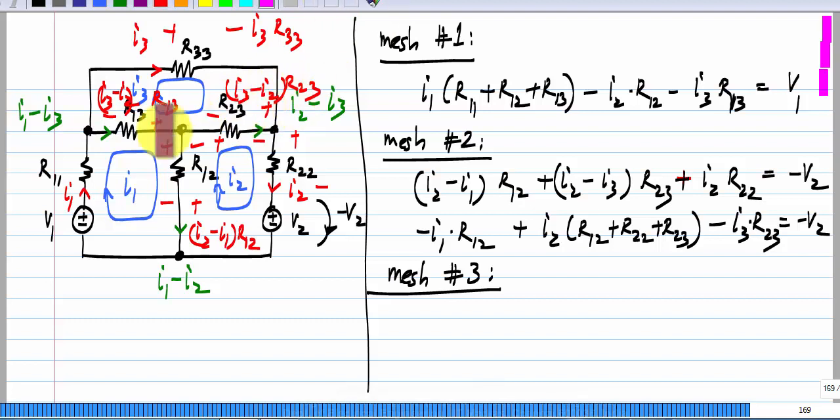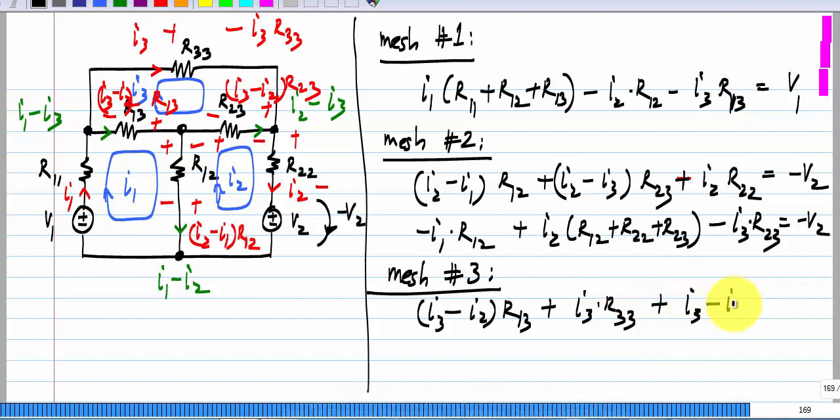So if I am writing the equation for mesh number 3, the current I3 will have positive coefficients. Okay, that's something to keep in mind. So I have I3 minus I2 times R13 plus I3 R33 plus I3 minus I2 R23 to be equal to 0.